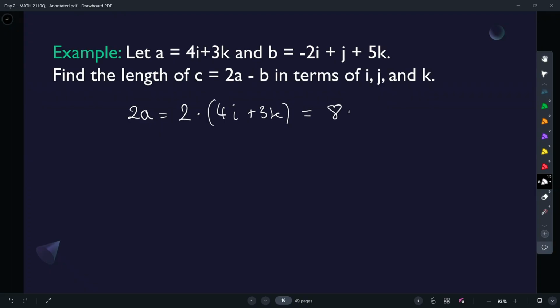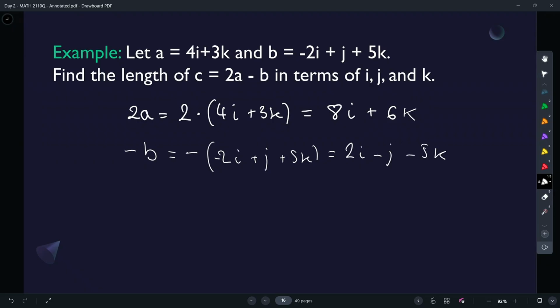So this is 8i plus 6k. Now, let me actually do it first by hand. What is minus b? That will be minus 2i plus j plus 5k. So I scale that, it's the opposite vector. So this is 2i minus j minus 5k.